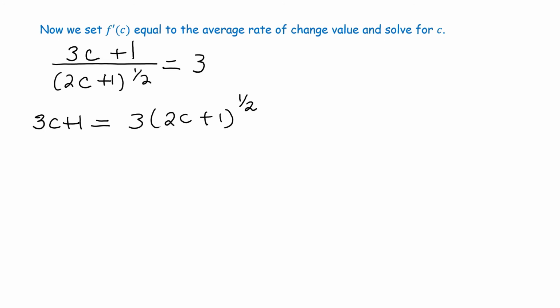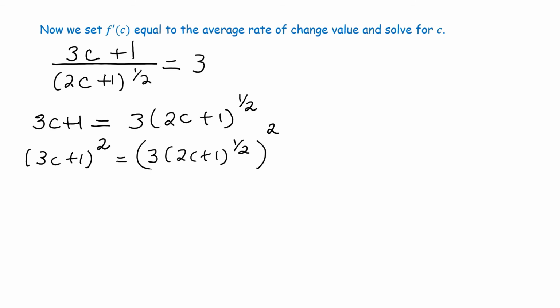Now square both sides. I encourage you to include this next step even if you don't need it. That is, go ahead and write 3c plus 1 squared is equal to the expression on the right-hand side squared, which would be 3 times 2c plus 1 to the 1/2. On the left-hand side, you're going to have 3c plus 1 times 3c plus 1, so that'll be 9c squared plus 6c plus 1.